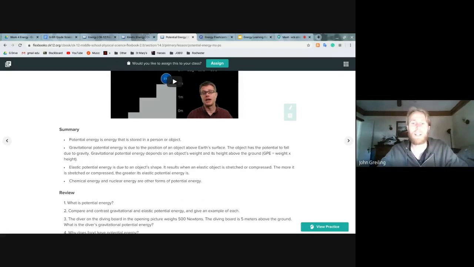It depends directly on the object's weight and its height above the ground. Elastic potential energy is due to an object's shape, like a spring, rubber band, elastic band. It results when an elastic object is stretched or compressed. The more it's stretched or compressed, the greater its elastic potential energy is. Chemical energy and nuclear energy are other forms of potential energy.